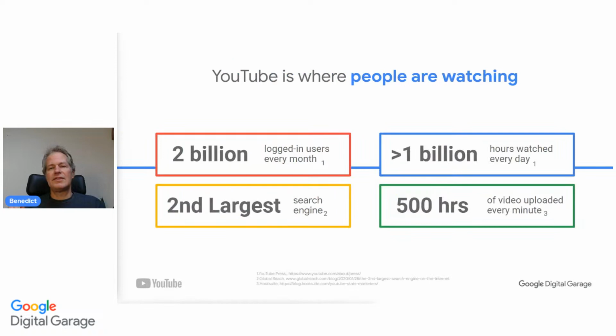All right, let's have a look at some of the different stats. YouTube is the world's largest video network and the second largest search engine behind Google. The platform enables you to share your unique stories and build connections. Over 2 billion logged-in users visit YouTube each month, meaning almost a third of the internet. I know my dear wife is often watching sewing on YouTube, and that's one of her passions.